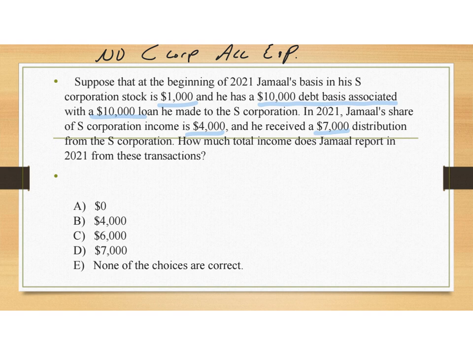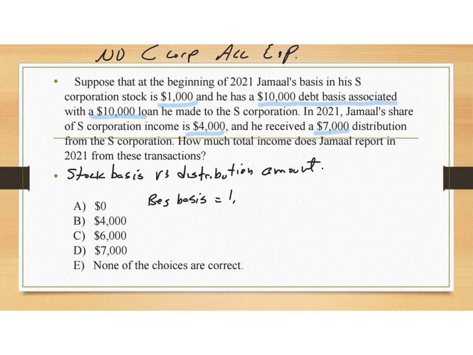So now what do we have to do? We have to look at what was distributed versus what his stock basis is. So, stock basis versus distribution amount. Let's figure out what our stock basis is. What was our beginning basis? Our beginning basis was $1,000.